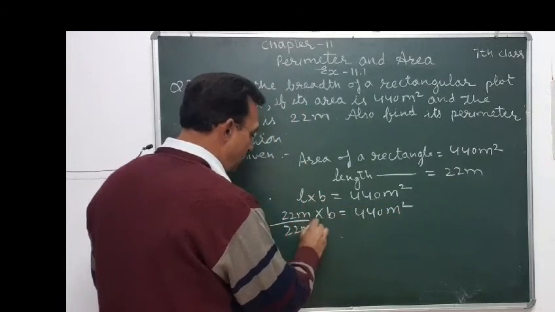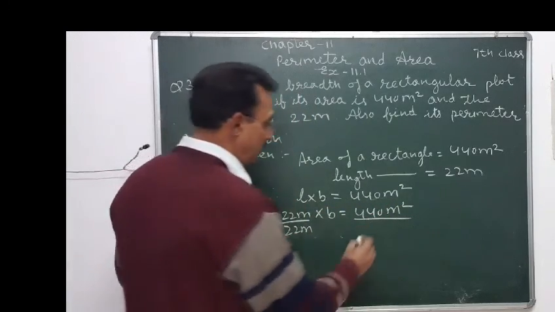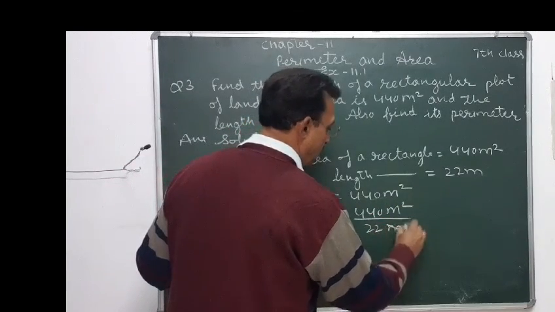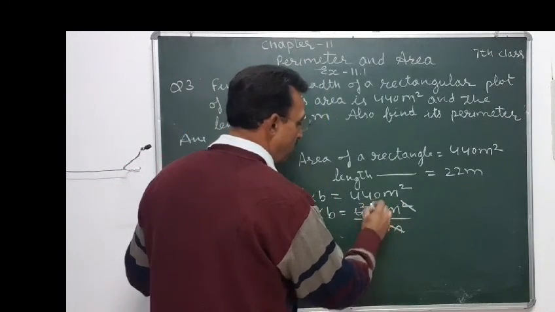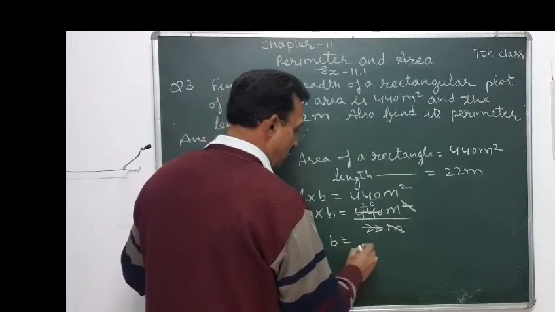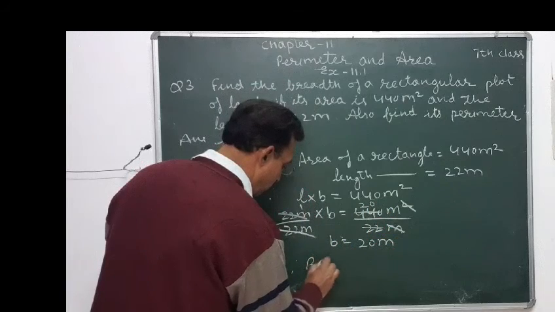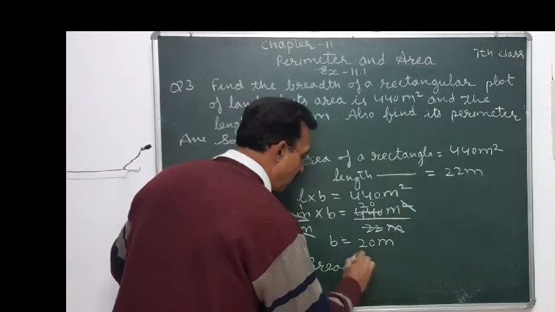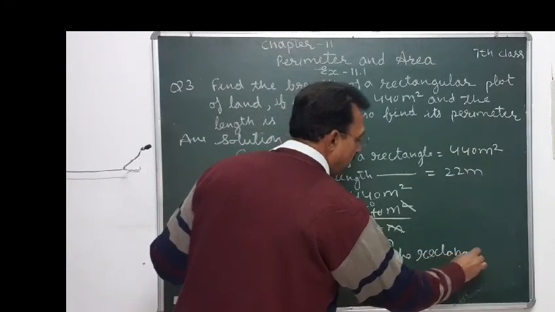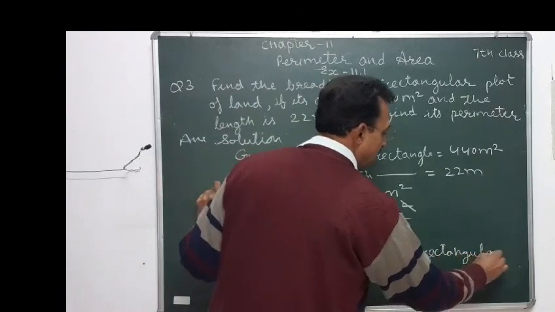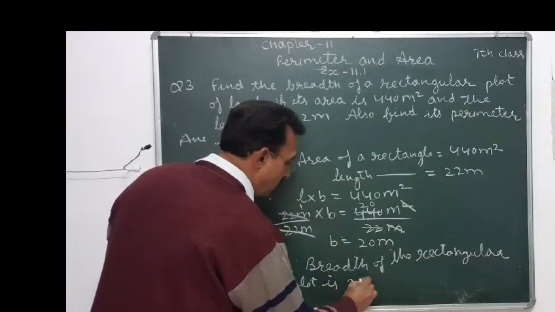Dividing both sides by 22 meter so that we can find out the value of B, that is breadth. 22 into 2 is 44, 0, so breadth is equal to 20 meter. Hence breadth of the rectangular plot is 20 meter.